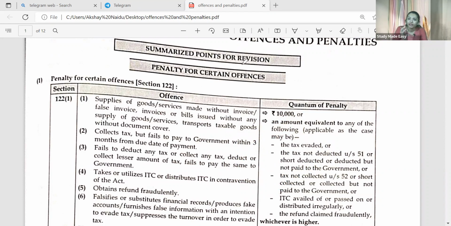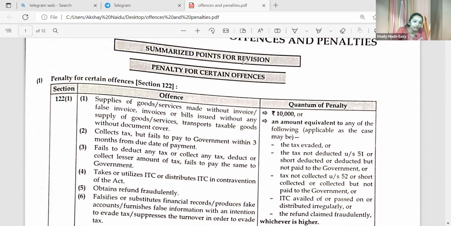Remember: taxes not paid, short paid, erroneously refunded, ITC wrongly availed, wrongly utilized. What was that? Demand. So whether they do the assessment or not, doesn't matter, they might generate a demand notice for you.